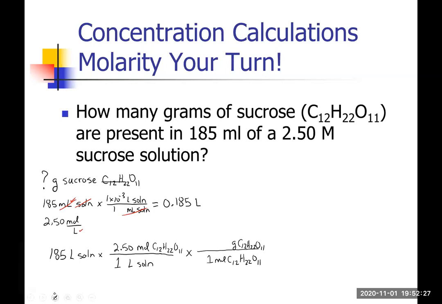So I can go off to the side and calculate this. If I have 12.01 times 12 carbons plus 1.01 times 22 hydrogens plus 16.00 times 11 oxygens, what do I end up with?